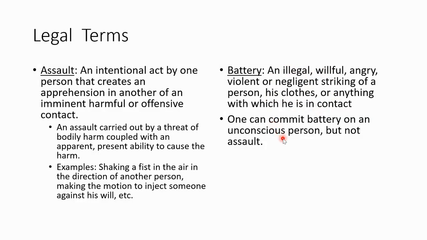One can commit battery on an unconscious person, but they cannot assault an unconscious person, right? Because the person doesn't recognize that they're being assaulted, so know the difference between the two. Battery actually refers to the actual act of physically harming someone.